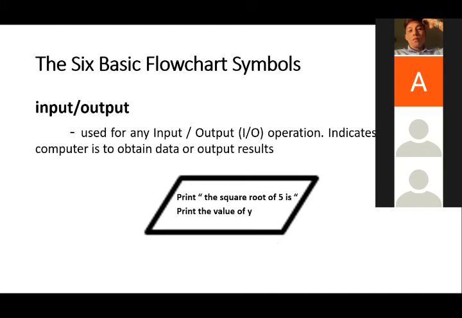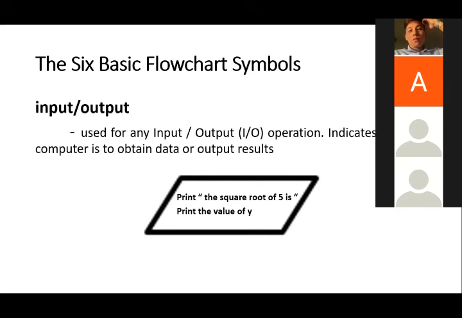So that input and output symbol, we use it if we will input or need to obtain data. The example earlier, enter your name, enter Ana. That is the symbol we use. Also, we will use that symbol when we output or display.